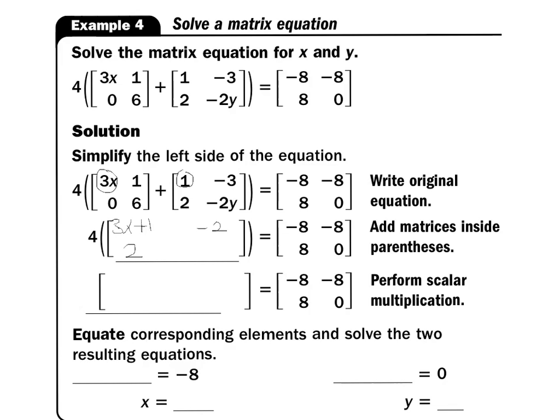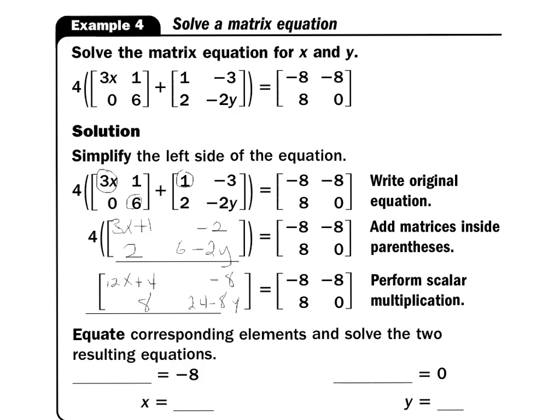And then 0 plus a negative 2y is negative 2y. Now I need to multiply by the 4 on the outside. So then I'll have 12x plus 4, negative 8, positive 8, 24 minus 8y. Oops, I missed that 6 right here. So I need to put that 6 back in there.